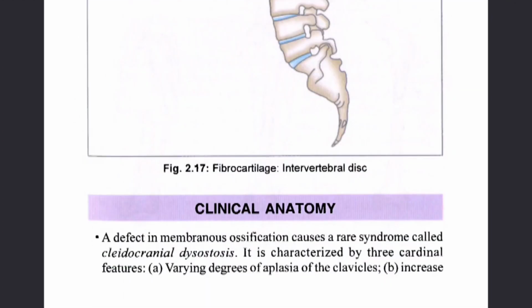Then we'll discuss a little bit about the clinical anatomy. A defect in membranous ossification causes a rare syndrome called cleidocranial dysostosis. It is characterized by three cardinal features. What is cleidocranial dysostosis?